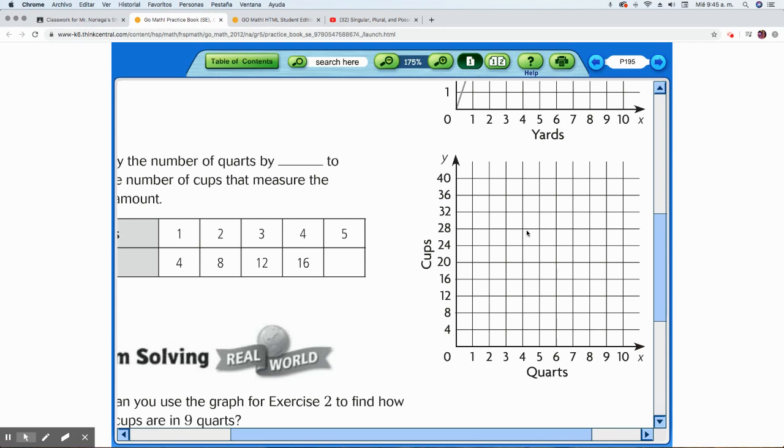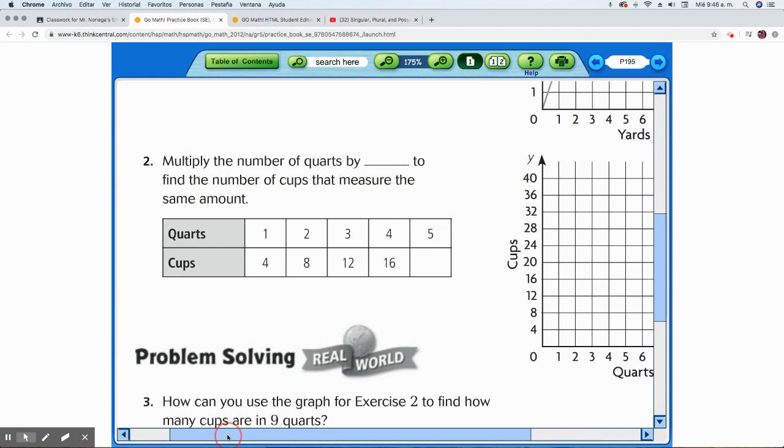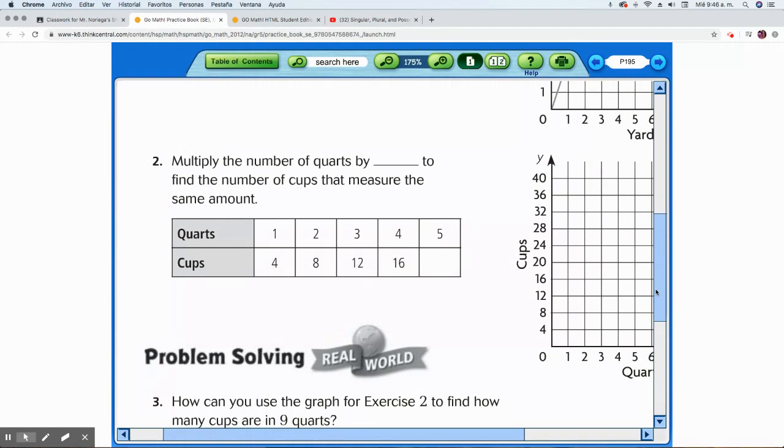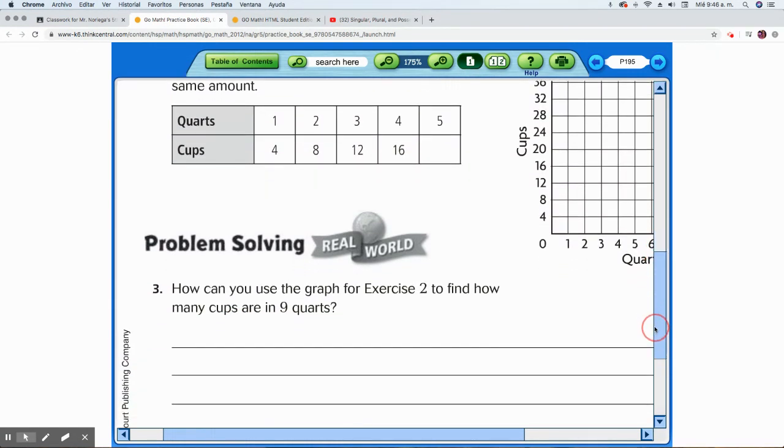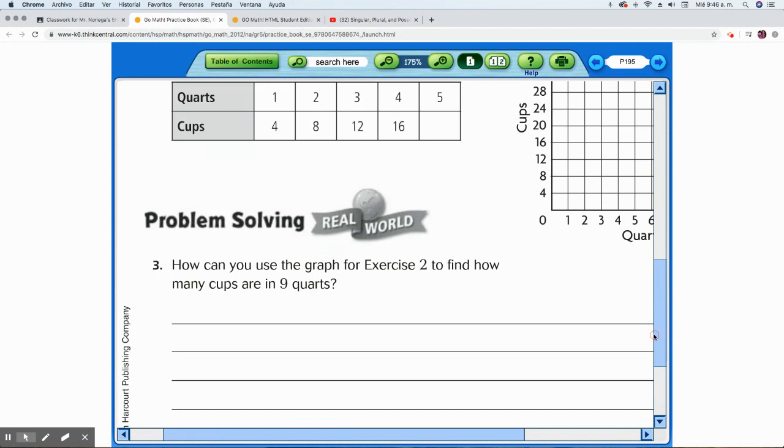And then number 3. How can you use a graph for exercise 2 to find how many cups are in 9 quarts? To find the answer to that one, the first thing that we're going to do is locate 9. So 9 is right here.